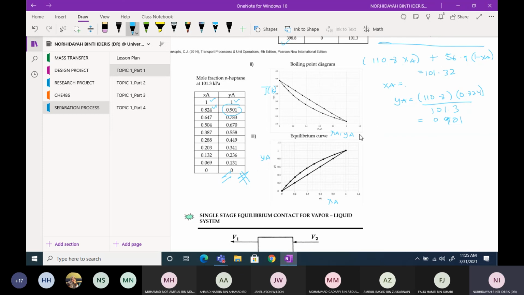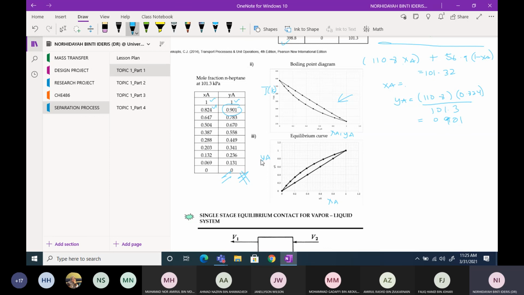I have not checked, but after you have found all these values, plot it in your Excel. No need to do it manually, just use Excel, and compare your answer with this graph. Can you get the shape of the boiling point diagram like this? Can you get the shape of YA versus XA like this?